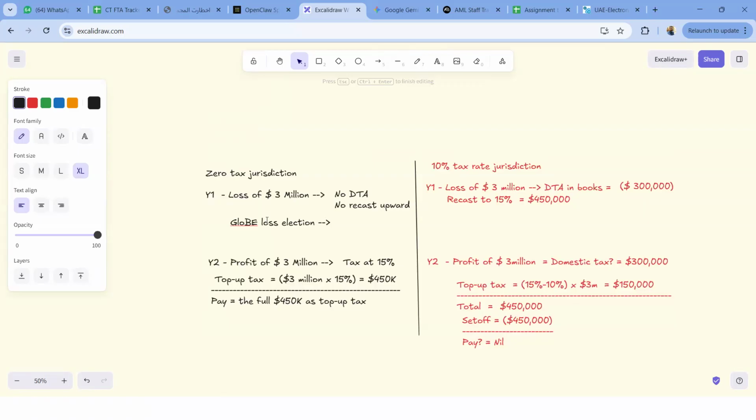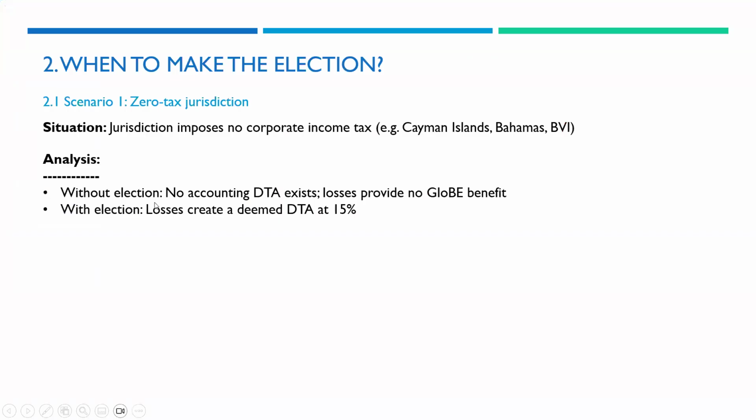My loss of 3 million, even if I hadn't recorded any DTA, would be used to create a deemed DTA at 15%. So I would definitely have a DTA of 450K, even if that is not recorded in my books. And then I can set this off when I have a profit in the next year. So without election, no benefit; with election, the loss creates a deemed DTA at 15%.